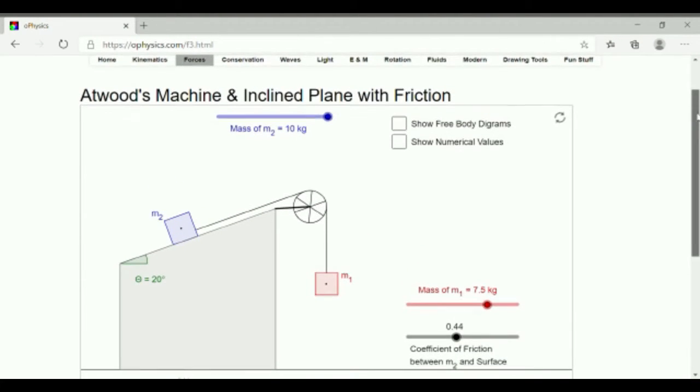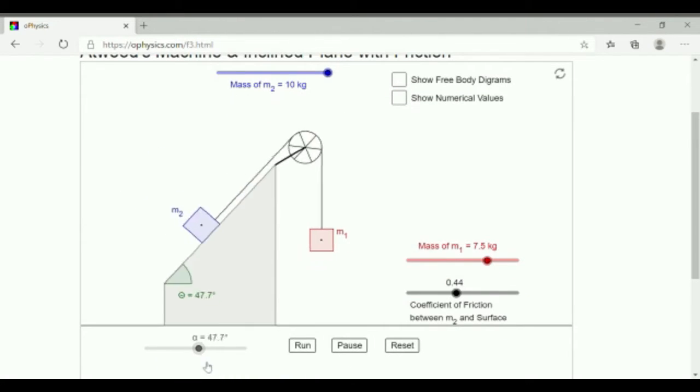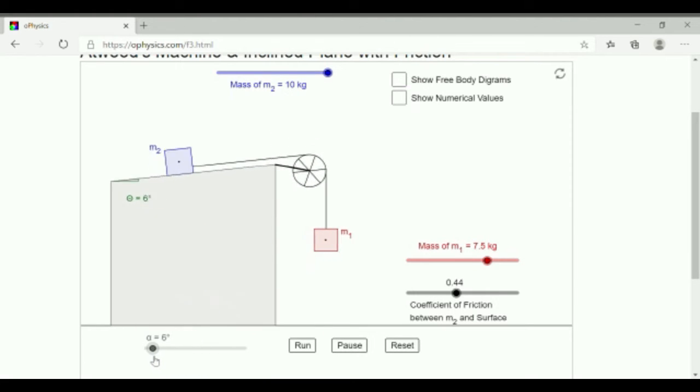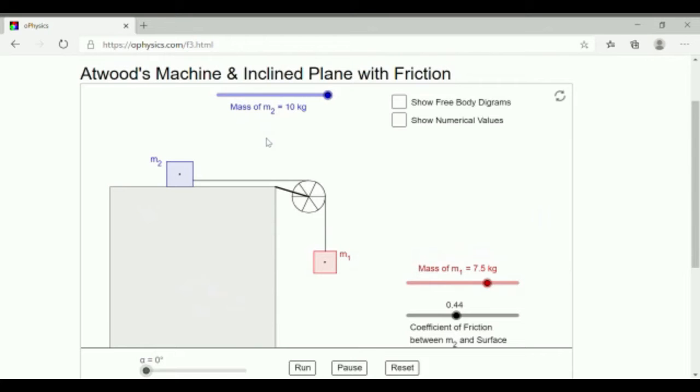First, you choose your angle here down. I will put it 0. Then you choose your mass M2, the blue box from here above. I will put it maybe 8 kilogram.